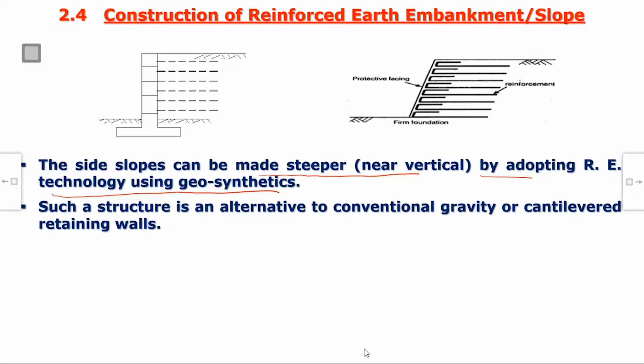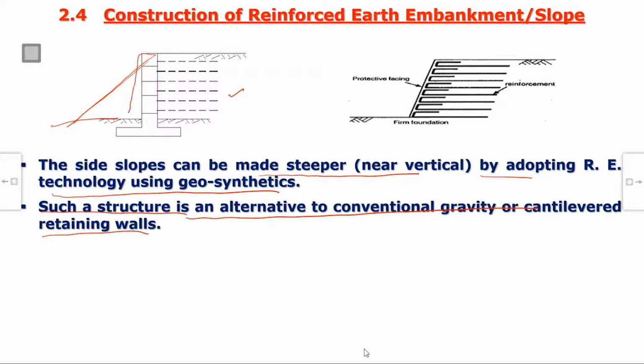Now, this structure, especially this, is an alternative to a conventional gravity or cantilevered retaining wall. Let us say we did not use the concept of reinforced earth, and you have to construct an ROB or some embankment in an area where you don't have land available for constructing a normal slope. What would have been the alternative?